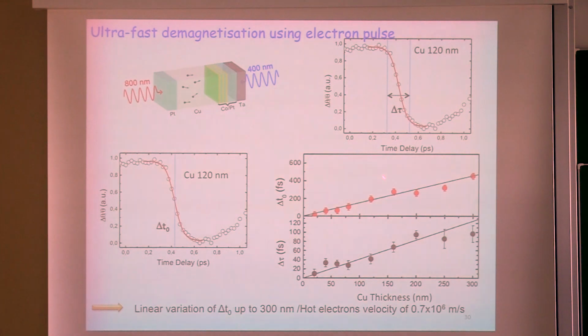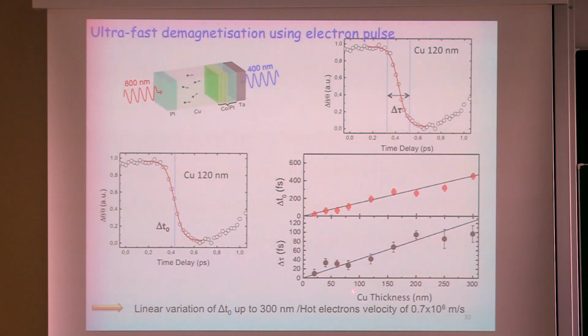So we looked at both the delay, delta t0, sorry, that's the delay, and delta tau is the broadening. And we then plotted delta t0 and delta tau as a function of the copper thickness. And we could see some linear variation, at least up to 200 nanometers, which tells us that these are hot electrons that are moving ballistically into the copper.